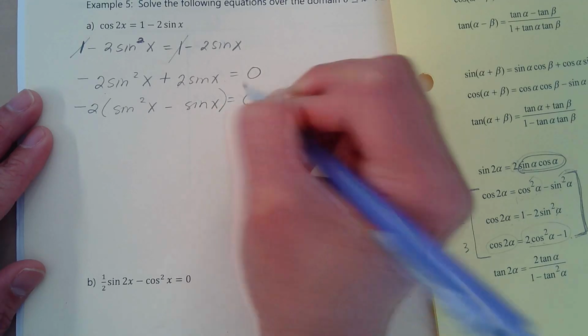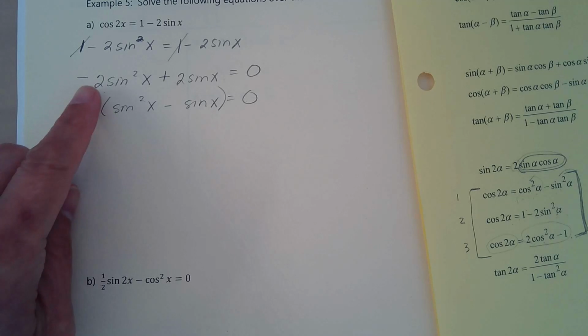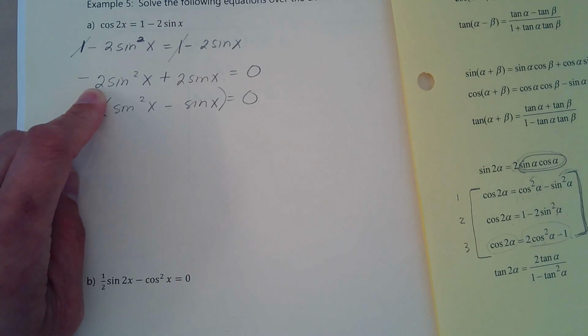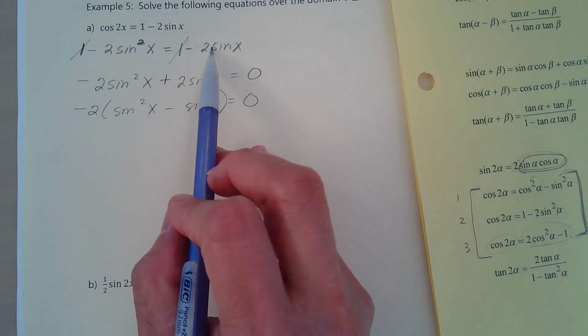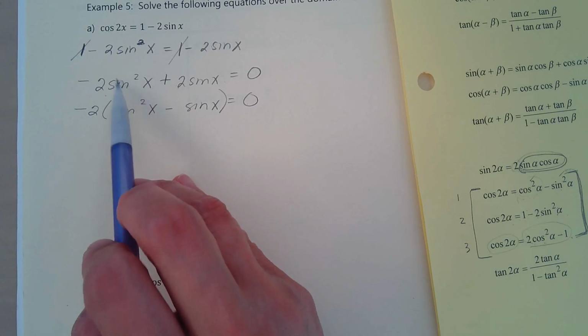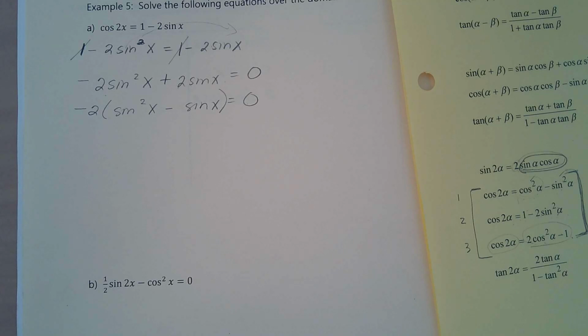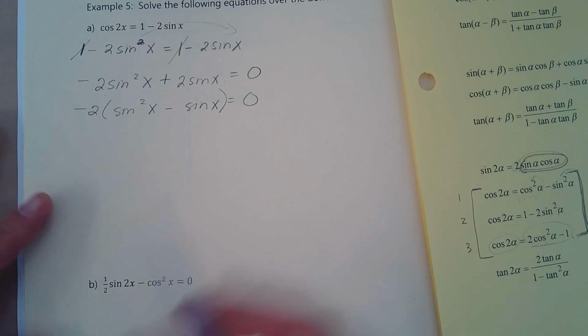Yeah. This one? Yeah. What I did was I put this to the other side. I could have put this to this side so that our leading coefficient is positive 2. Yeah, we could factor out the sine of x, certainly.